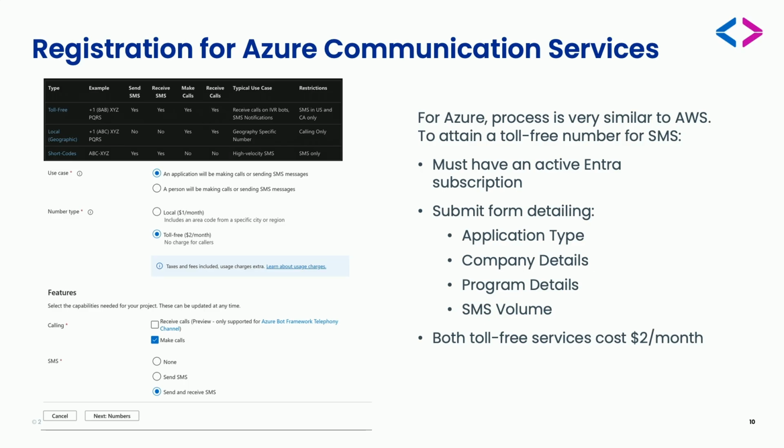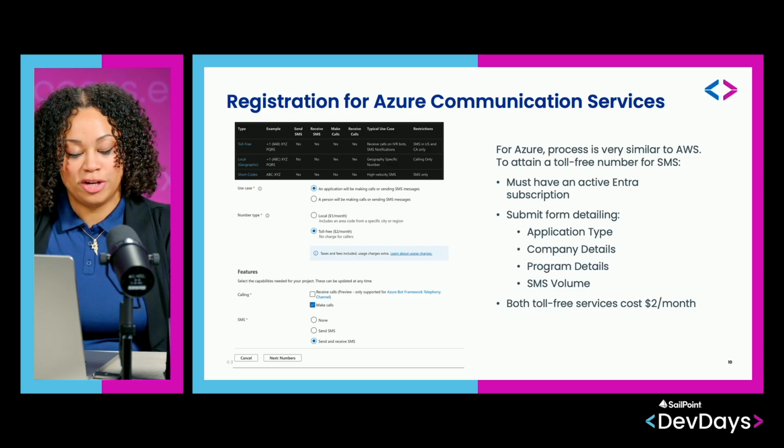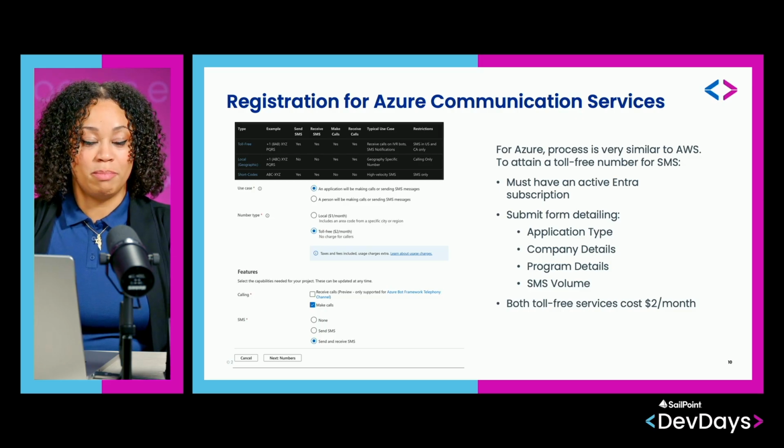The registration process for Azure is very similar to that of AWS. The only thing that I wanted to point out that I didn't get to mention earlier about the demo is that we chose to use a one-way phone number, a toll-free number. However, you could have a two-way phone number and you could handle lots of other use cases with that. For example, if you wanted to code the program to receive a text message back and handle that message.